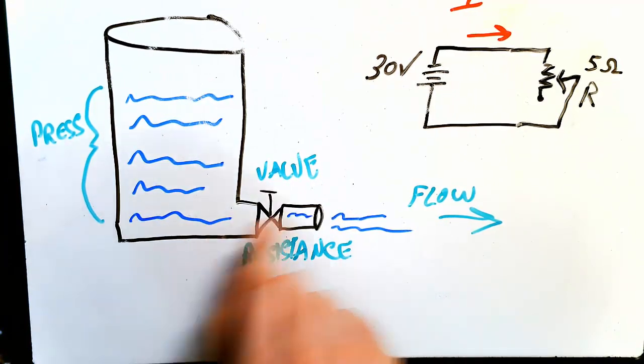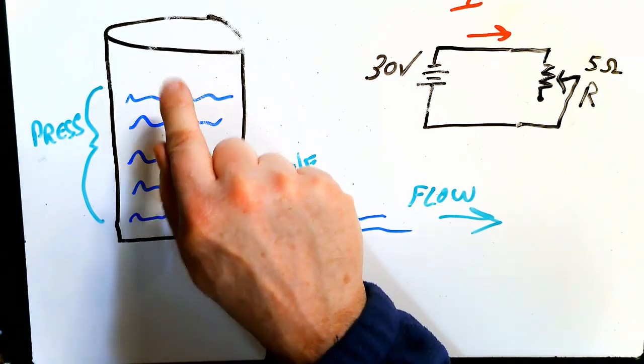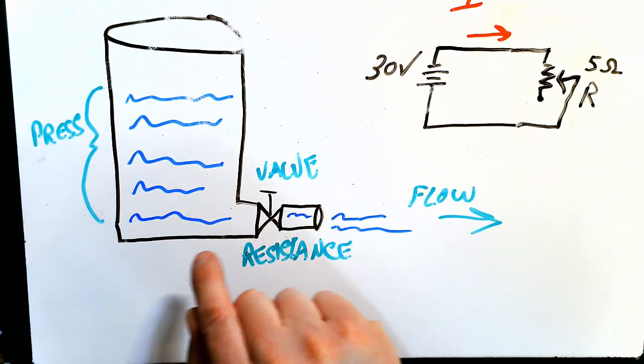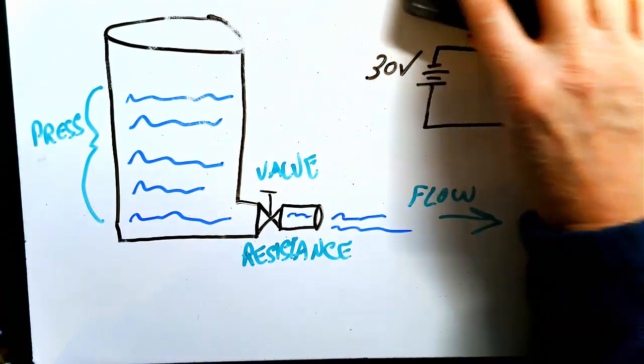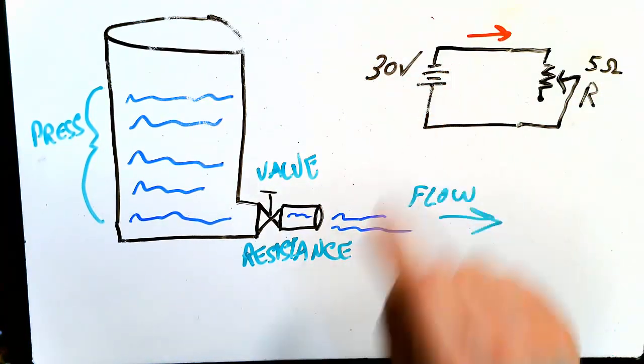So you see the relationship between pressure, resistance, and flow. Well, with an electrical circuit, we have the same relationship between pressure, which would be the voltage.